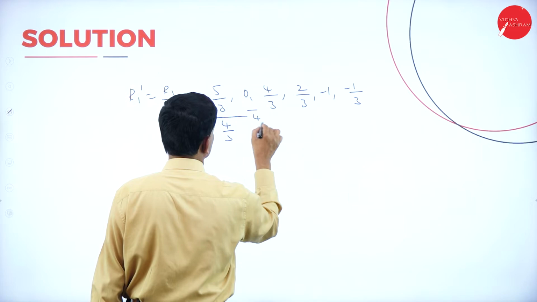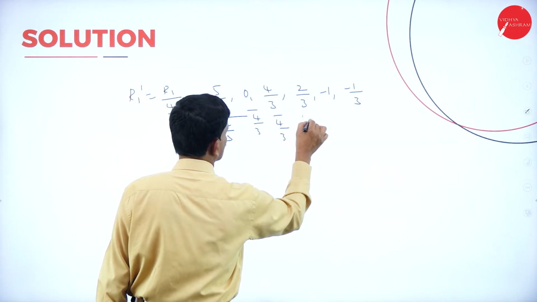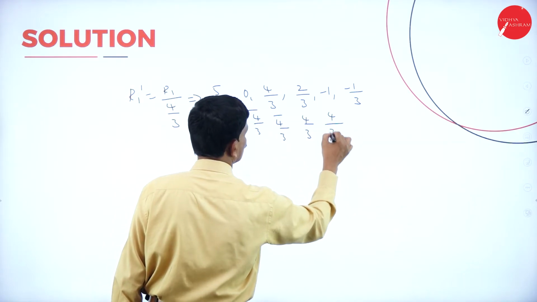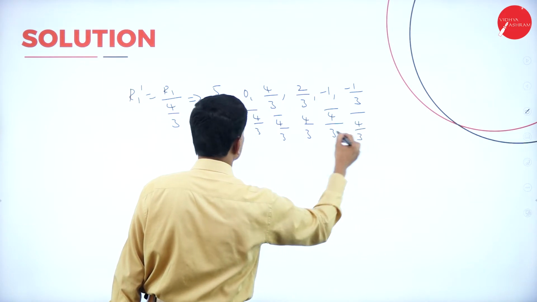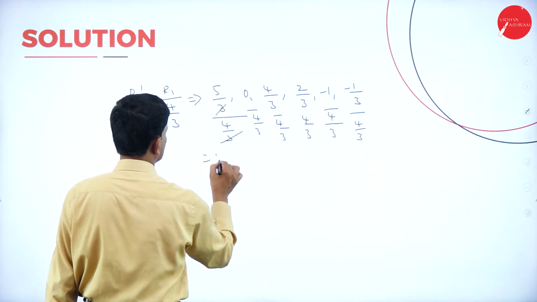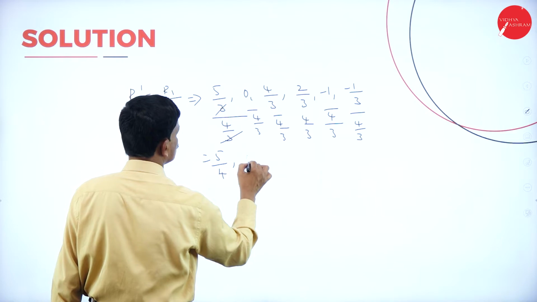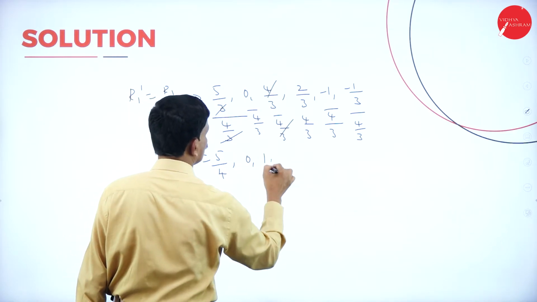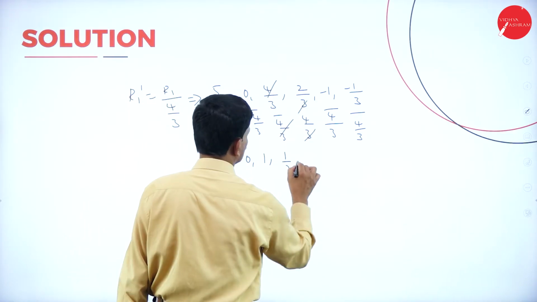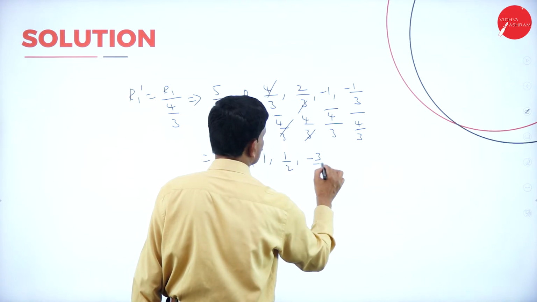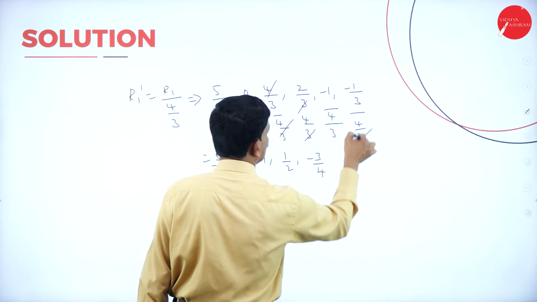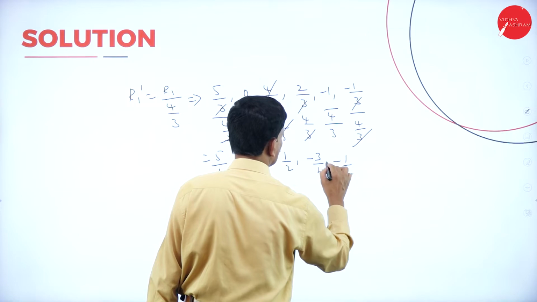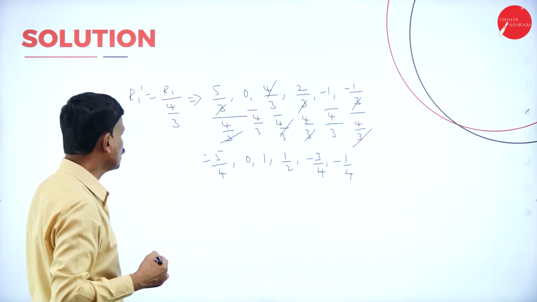What you will get: this is also 4 by 3, this is also 4 by 3, 4 by 3 and 4 by 3. So here 3 gets cancelled, this is 5 by 4, 0. This 2 gets cancelled, 1. 3 gets cancelled, 2 2s are 1 by 2, this goes to the numerator. Minus 3 by 4, 3 gets cancelled, minus 1 by 4. So these are the values we are going to get.